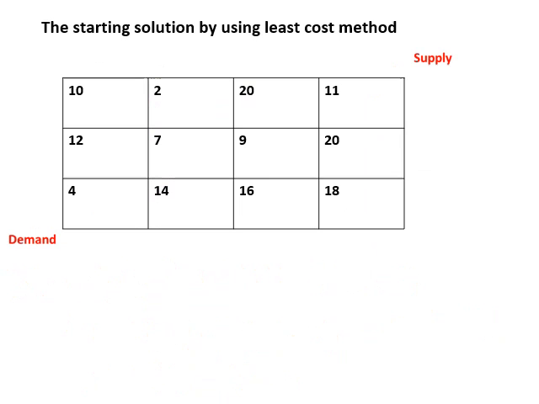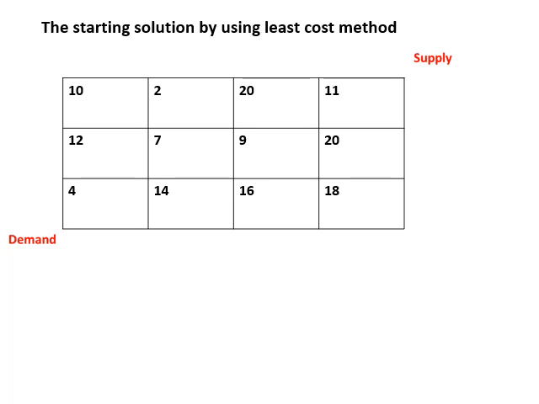Now we will solve the same transportation problem by using the least cost method. The least cost method finds a better starting solution by concentrating on the cheapest routes. This method starts by assigning as much as possible to the cell with the smallest unit cost.